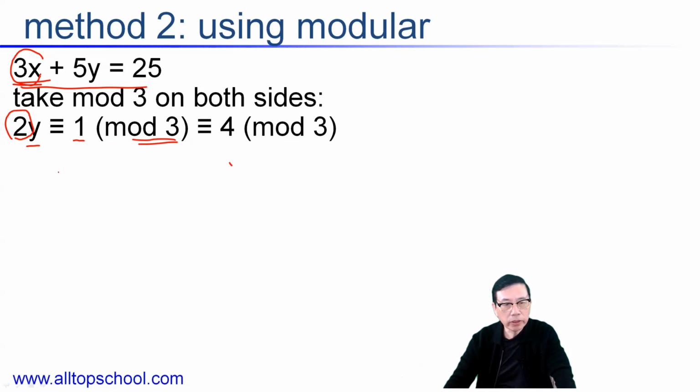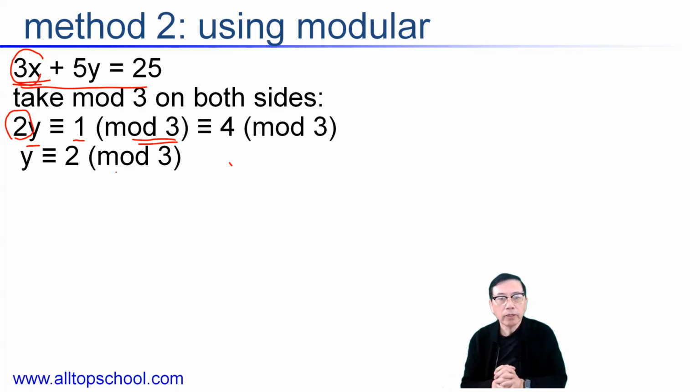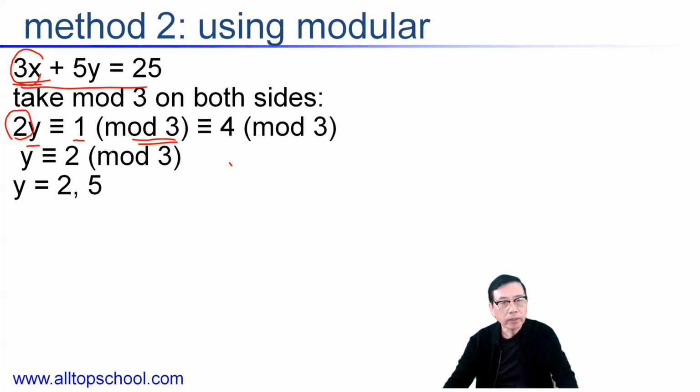So using modular arithmetic, we can find the y value: 4 divided by 2 is 2, so y is congruent to 2 modulo 3. Then we figure out the value of y. But y is a positive integer, so y has to be equal to 2 and not 5. If you get a 5, it will probably be too big, because this has to be less than 25.